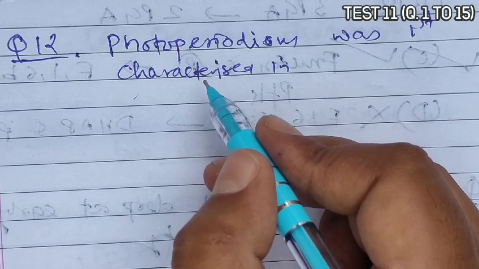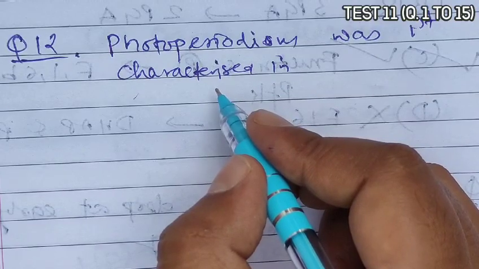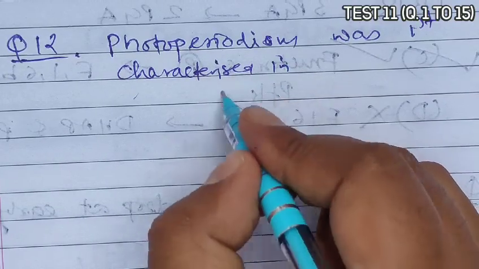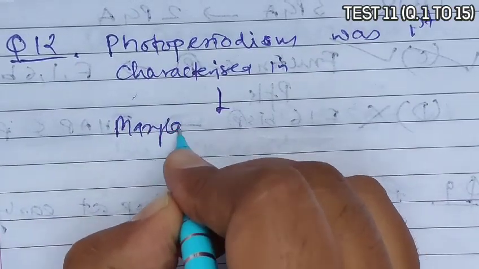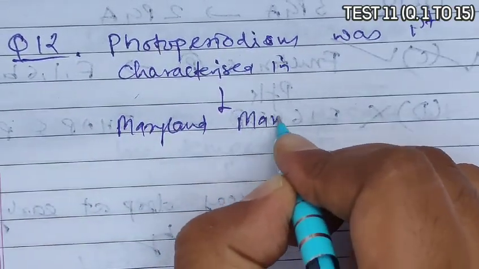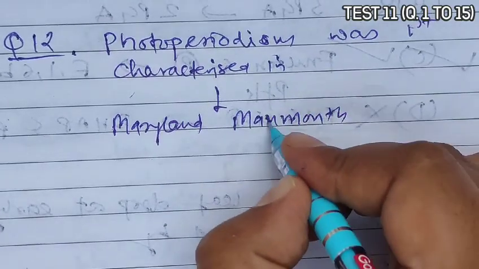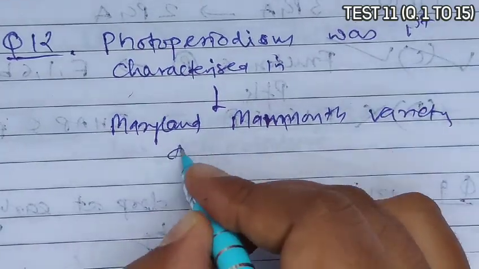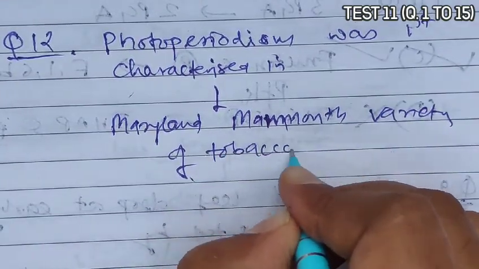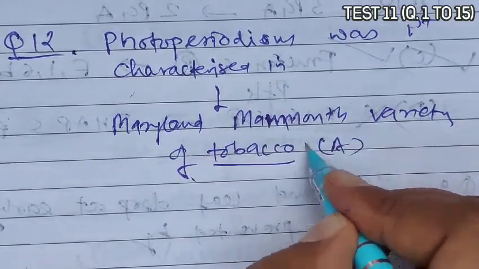It was studied by Garner and Allard, and they have observed that a Maryland Mammoth variety of tobacco was used, and in this he observed a photoperiodism. So tobacco, A become the correct answer.